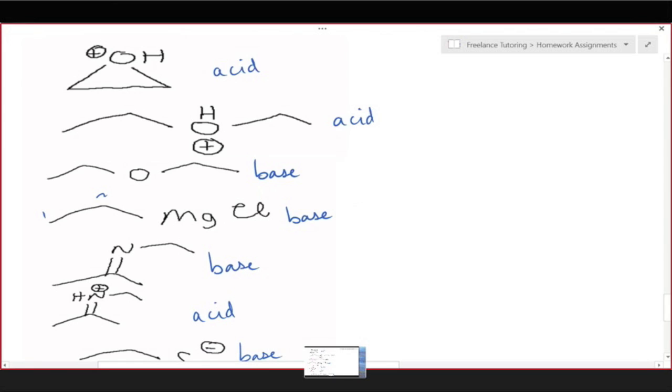Now, who's the basic atom in this next compound with the nitrogen? The nitrogen. And why is that reasonable? Its lone pair of electrons. That's good that you saw that. But notice that if we protonate the nitrogen, now it's acidic because of the positive charge.